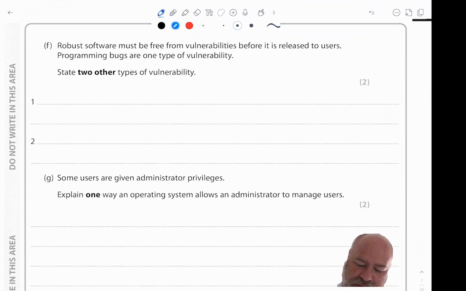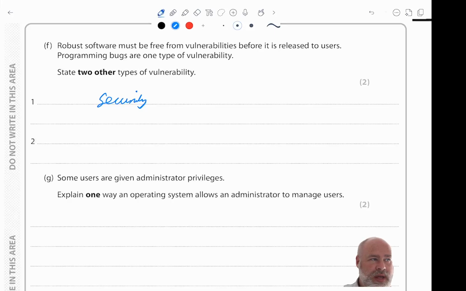Robust software must be free from vulnerabilities before it is released to users. Well, tell Apple and all the other companies that. Programming bugs are one type of vulnerability. State 2 other types of vulnerability. So, there are all sorts of things here. Security vulnerabilities. We've got so many.